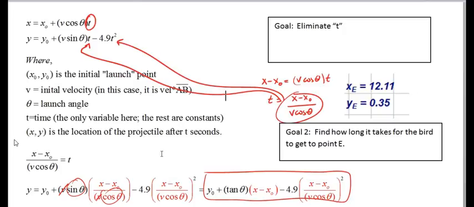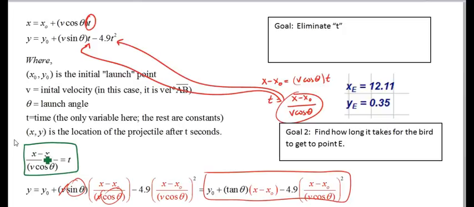I have an equation which is over here, which tells me how long it takes to get to any point. Having solved for t, this equation will tell me how long it takes to get from my initial point, which is x sub 0, to any other point.